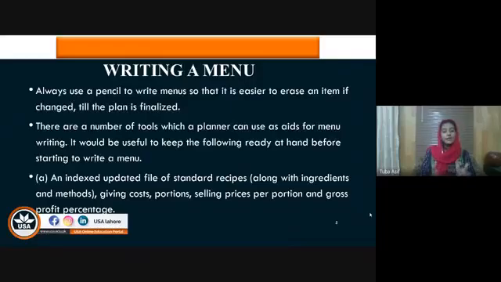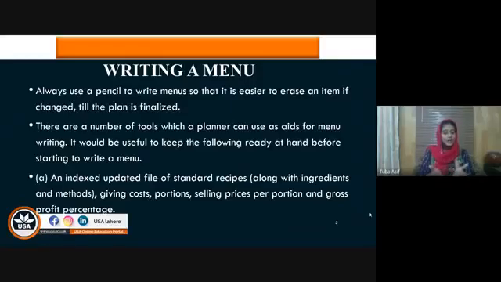What methods and techniques will you need to prepare that dish? What kind of personnel, what kind of skills will you require for making that dish? You must know what that particular dish would cost. What would be the portion size of the dish? How many grams would your steak be? How many grams would your mashed potatoes be?